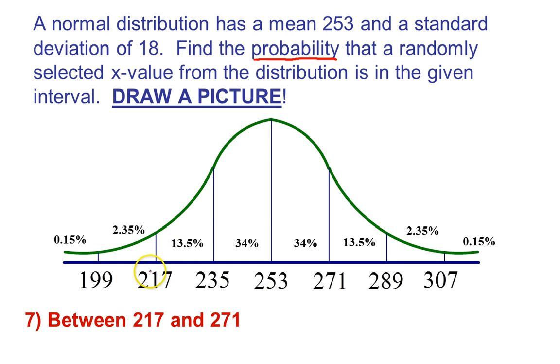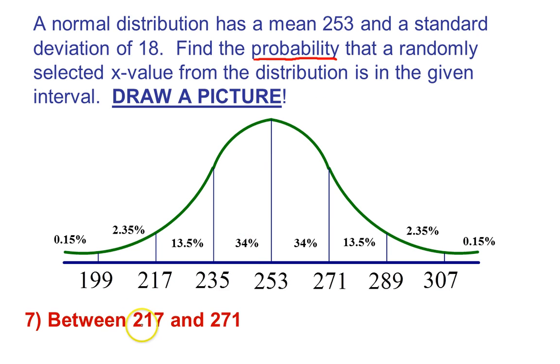If I randomly pick 100 of anything, the probability that I'm going to pick numbers in a certain zone, a certain interval, is the same thing as these areas under this curve. So this is just the same thing as we've been doing, so don't get thrown by the word probability.